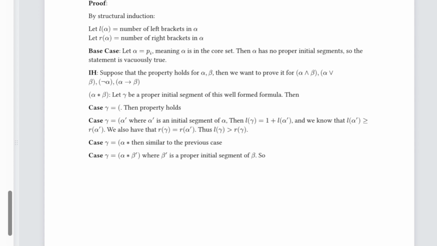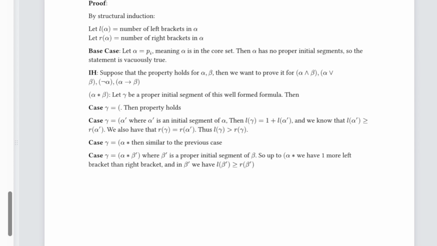So up to open bracket alpha star, we have one more left bracket than right brackets, and in beta we have L of beta prime greater than or equal to R of beta prime.